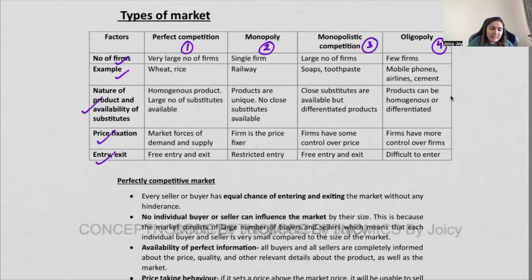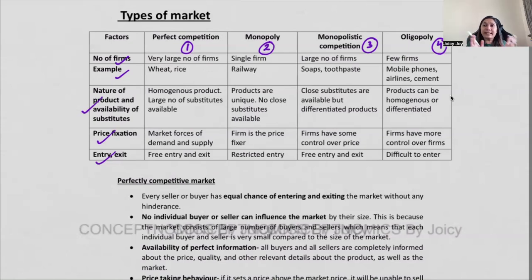So let's see the features. The first point, as I said, there would be a large number of firms. The consumers are free to choose from any. Example, wheat, rice, etc. Or for a simple example, you go to a supermarket and you go to the section of curry powders. You see a lot of brands which almost will have similar prices, similar quantity, quality, everything.